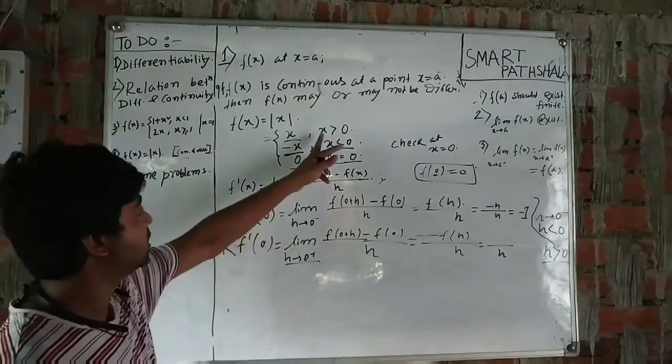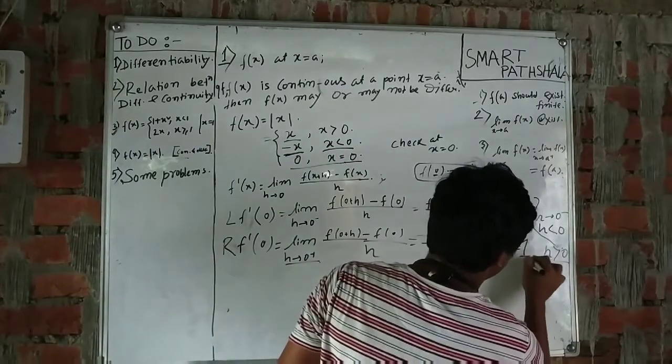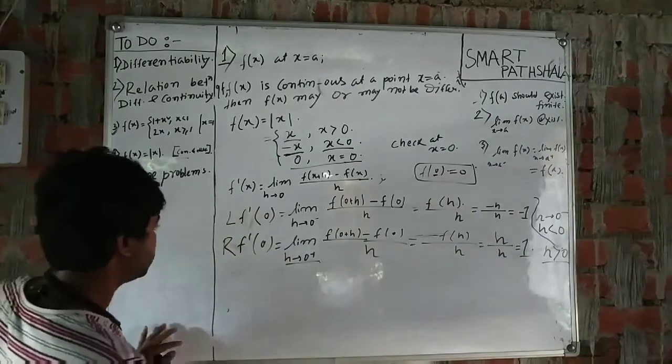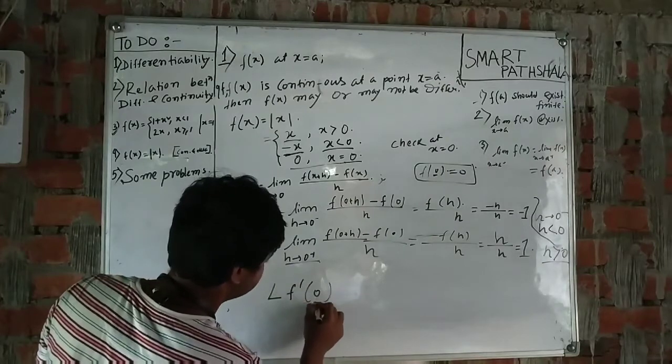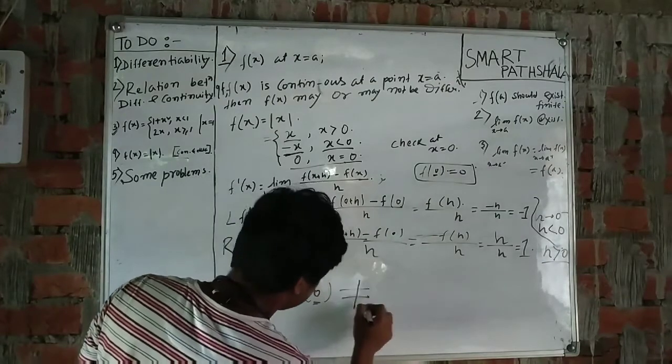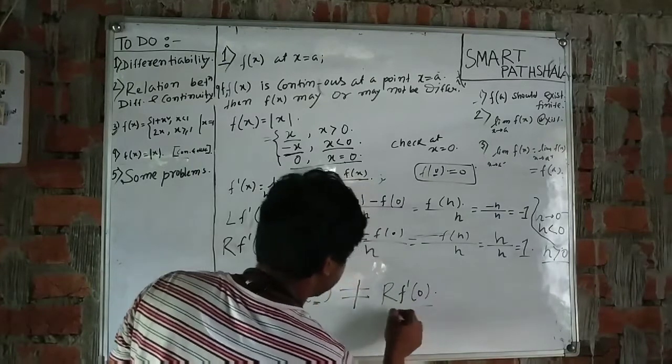So, if h is greater than 0, we have f of x as h, which gives the value of 1. So here, the left hand derivative of f of x at x equal to 0 is not equal to the right hand derivative of f of x at x equal to 0.